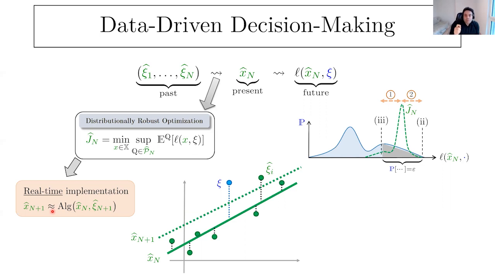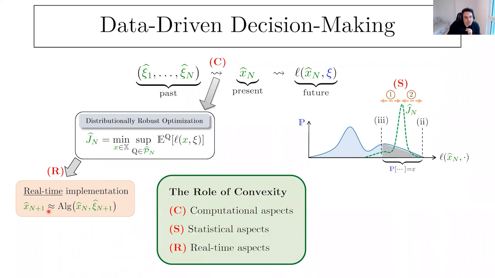What I wanted to point out now, as a summary of my first part, is that convex quadratic cost is a very particular case of convexity. And it turns out that not only quadratic, but just convexity allows us to approximate this. What I personally found interesting is that convexity helps address all these three questions for different reasons.